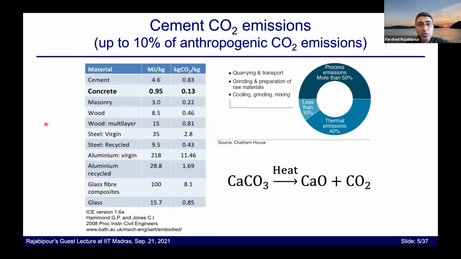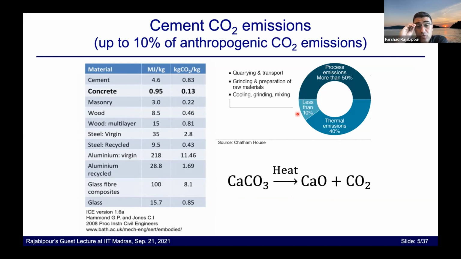I think most folks in this meeting know that one of the major causes of cement CO2 emission is the so-called process emissions, which is because of calcination of limestone. That makes up about 50% of the cement CO2 footprint. The other 50% is because of the use of fossil fuels to heat the kiln, and some other CO2 release because of grinding clinker and other processes.